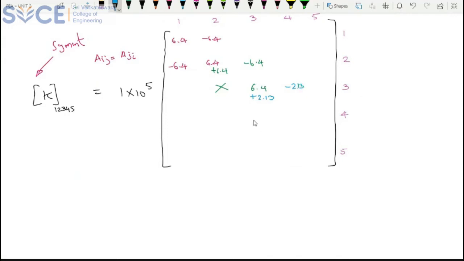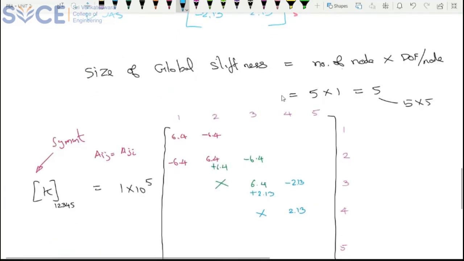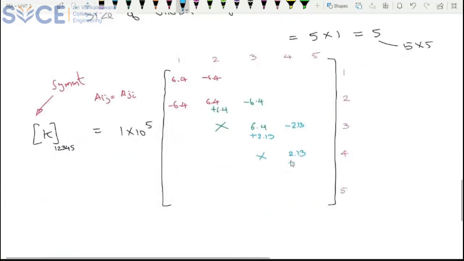So this is X because I will substitute it, and this is 2.13. Okay, 4, 4. Next, 4, 5. So 4, 5 is again 2.13. So 4, 4 is 2.13 plus 2.13. 4, 5 is minus 2.13, and this is 2.13.